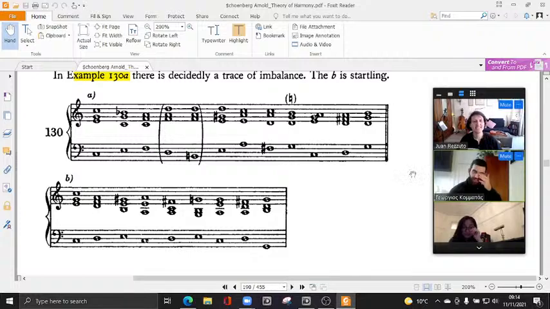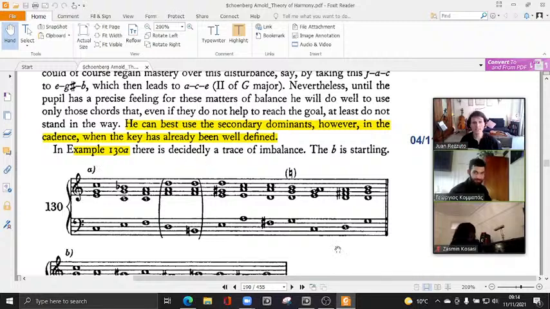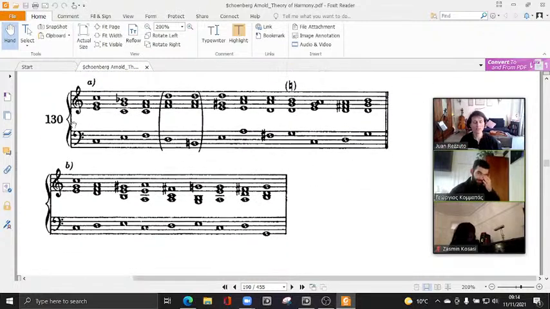The first line. Yes, exactly. You have 130 A, and then 130 B, and we're going to comment on each one of them, slowly.